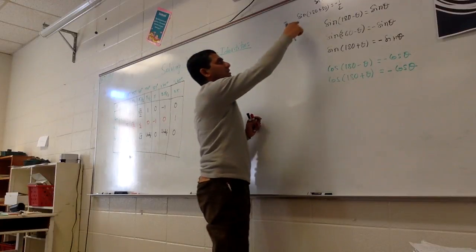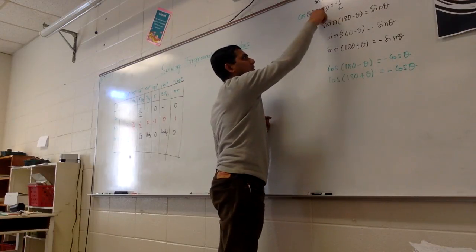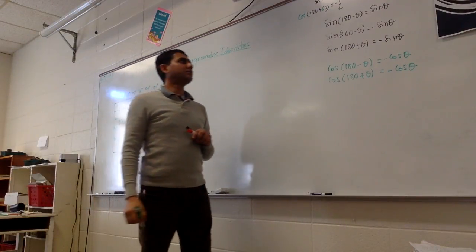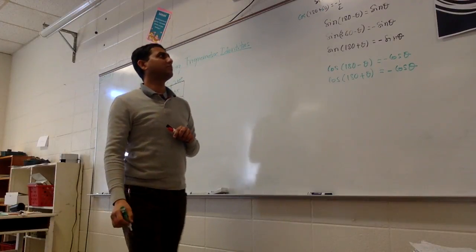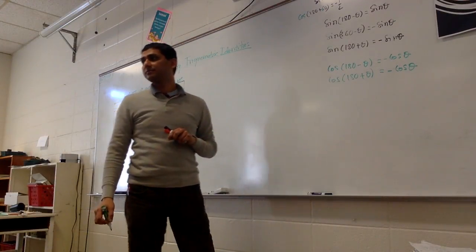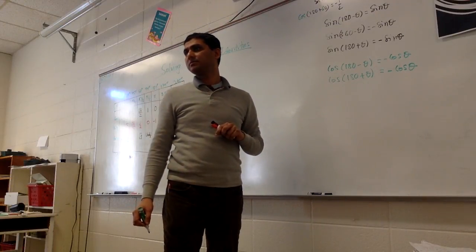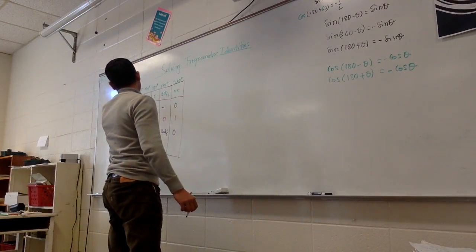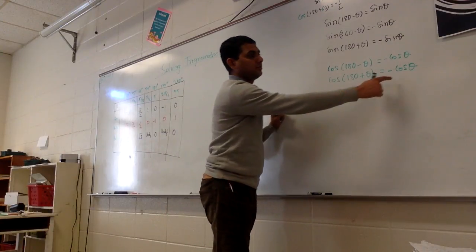You can test it. Let's do 180 plus 60. It should give you negative 1 half. What is cosine 240? Negative 1 half. What is cosine of 60? 1 half. So this should be negative, right?